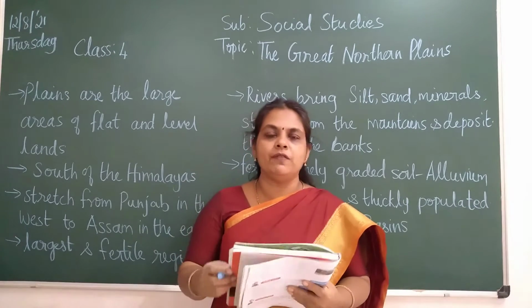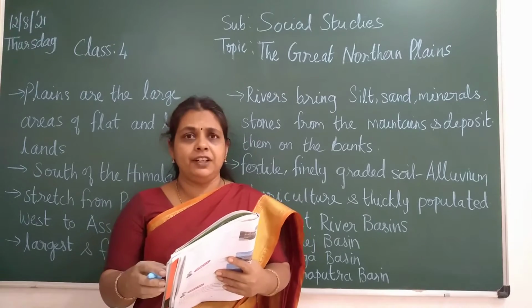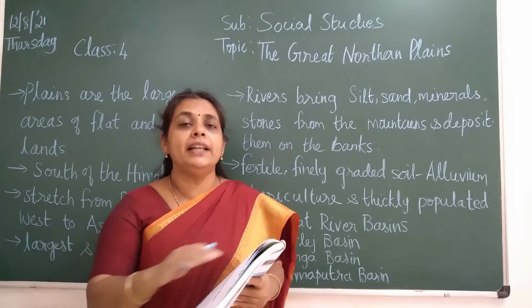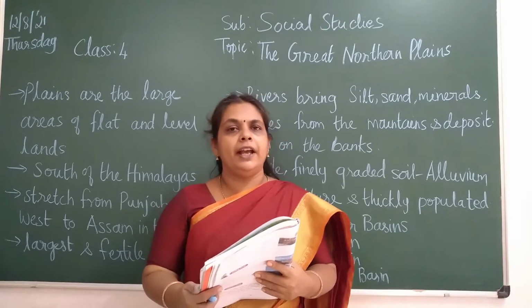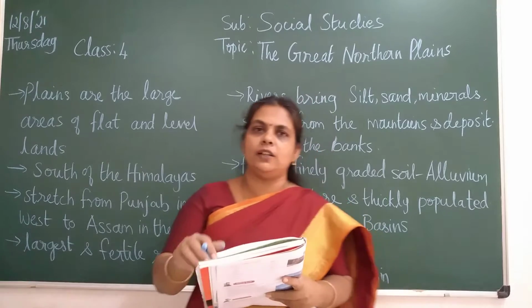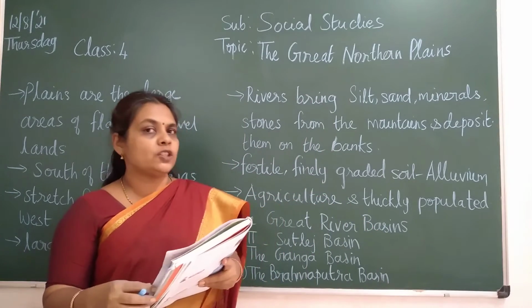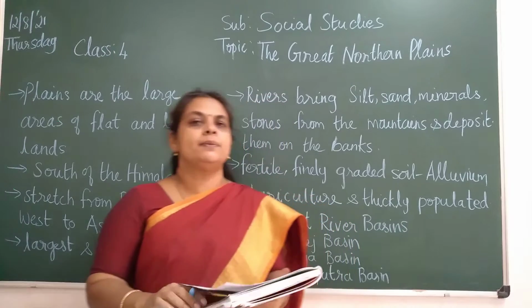Sometimes when you visit a village, you can find the agriculture field. It is all leveled land. Nearby the village you can also see a river flowing. In the northern plains, the rivers originating from the Himalayas flow through these plains.